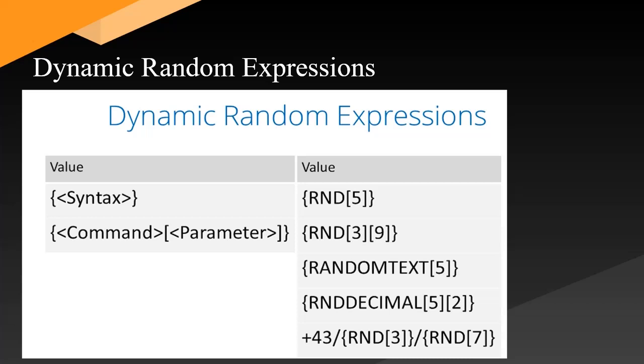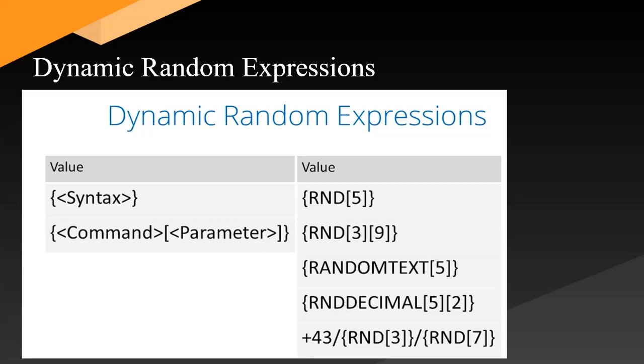You provide a command called RNDDECIMAL, and then provide the number of digits you would like to randomly generate, which is 5, and the number of decimals you would like to generate randomly, which is 2. This way you can generate random expressions within the value column for Tosca to enter the values.